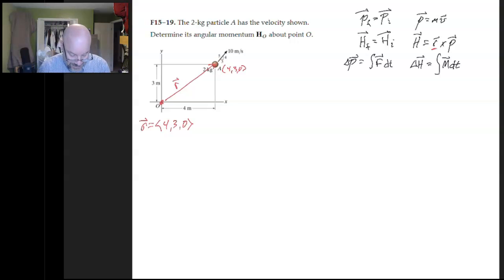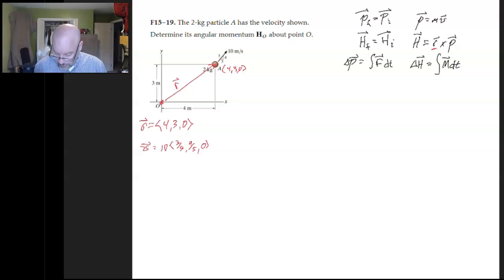The easiest way to do that is like this: that's supposed to be a V. We have 10, and the x part is 3/5, the y part is 4/5, and 0. You can multiply that 10 through if you want to. Doesn't really matter. I'm not going to, because now I'm ready to calculate the angular momentum.